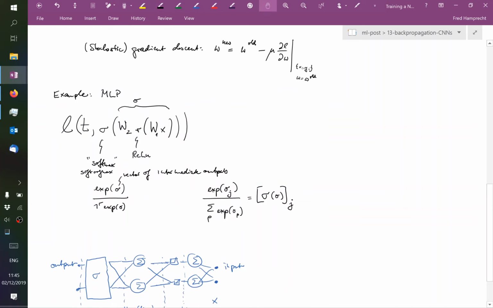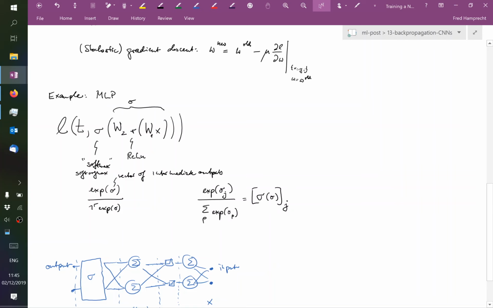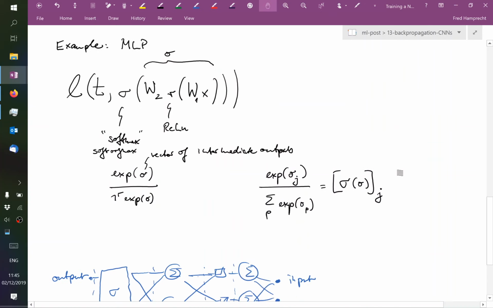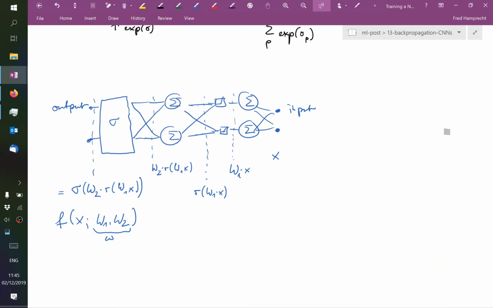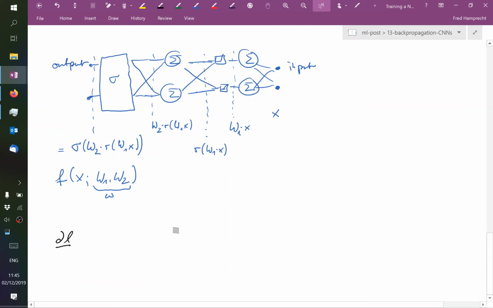And we now want to find this derivative, so let's write that down. So I'm interested in dL by, let's say, dW2 at first, and I should repeat what are all the arguments of L here.